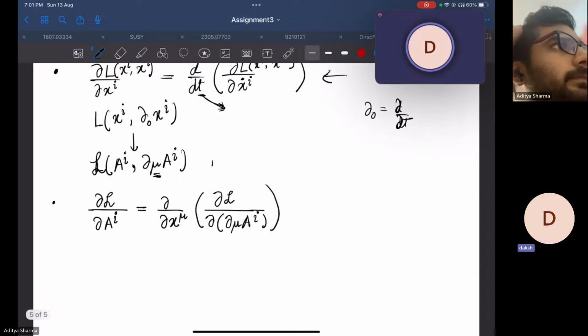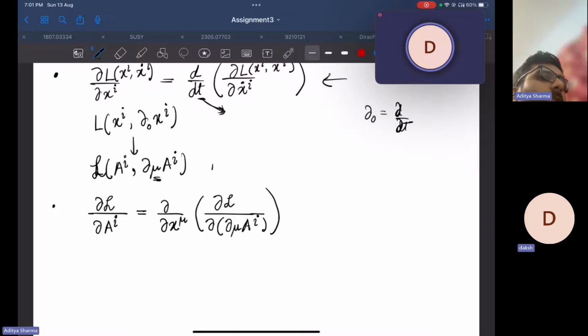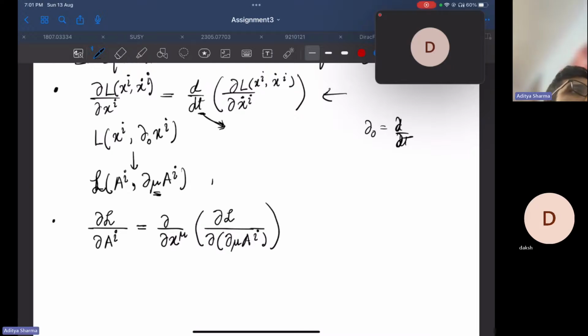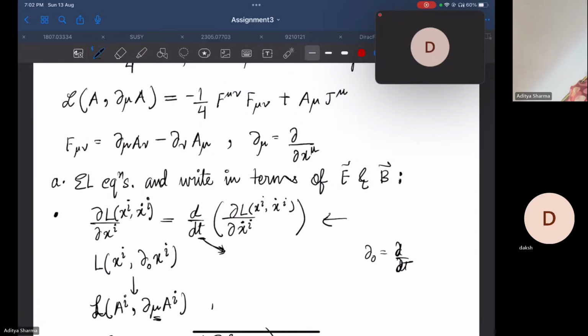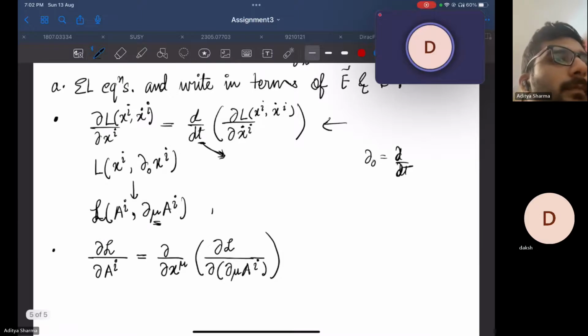Got this equation? Can you make parallels with this equation and just say if you are satisfied or not? I think it looks good. Looks good, right?